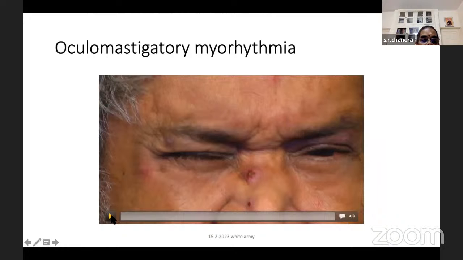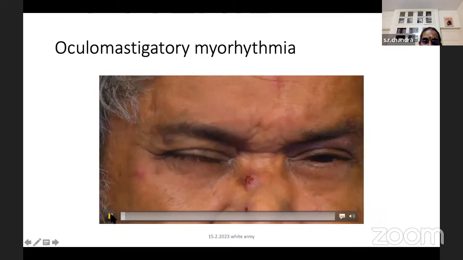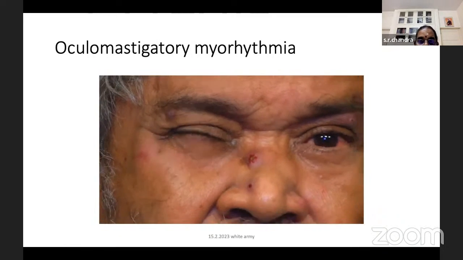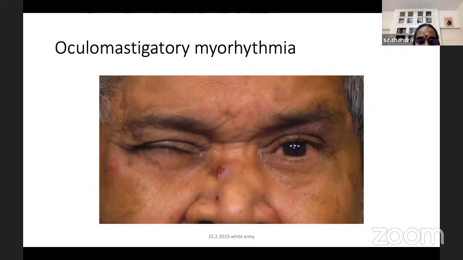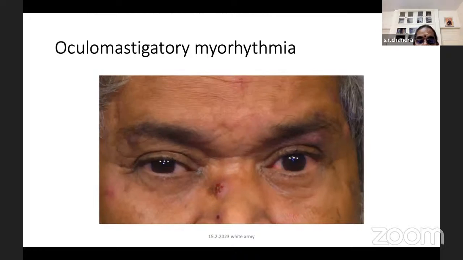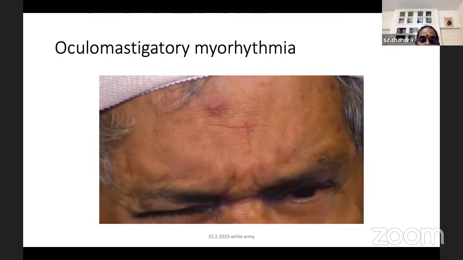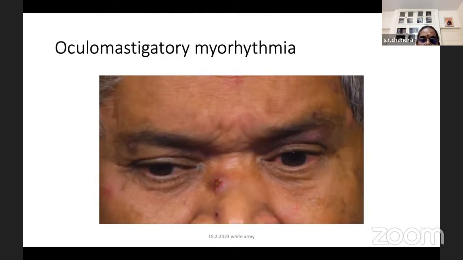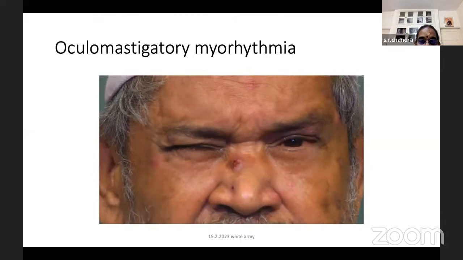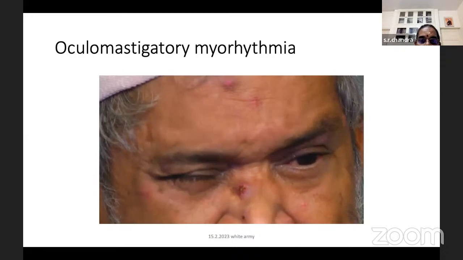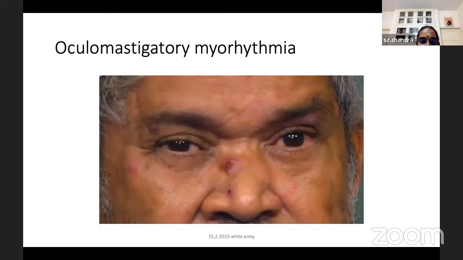And this is the oculomasticatory myorhythmia. This is the typical clue. The skin changes, meningitis, dementia, extrapyramidal features coupled with peculiar eye movements involving the eyes and the jaw muscles, which is called oculomasticatory myorhythmia.